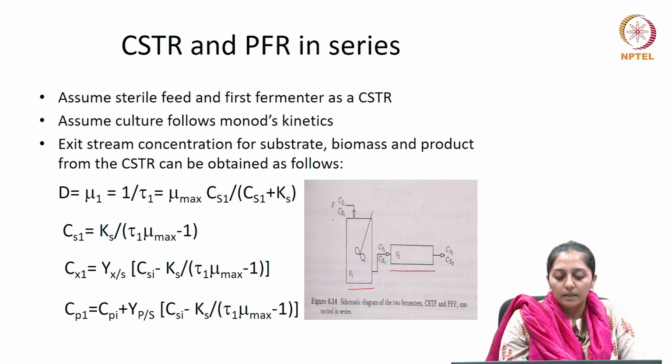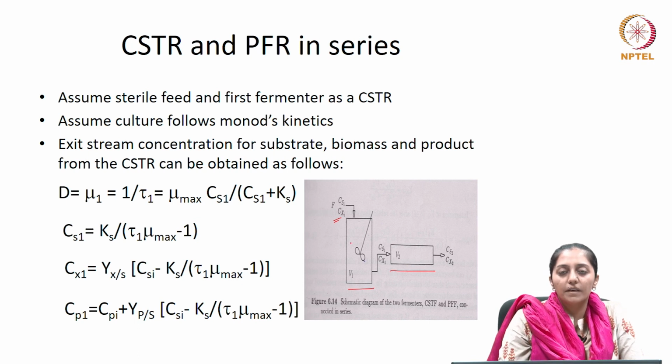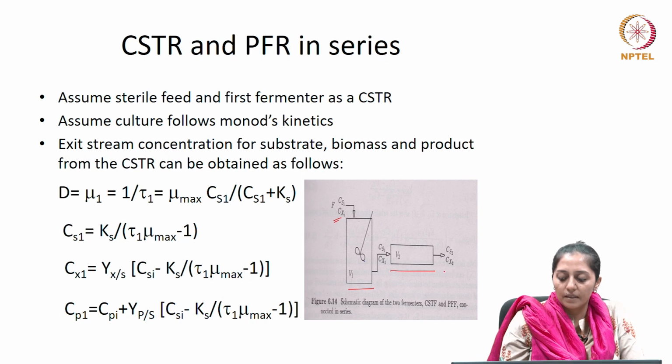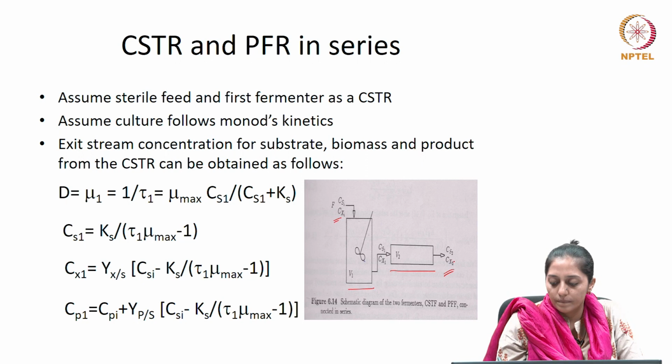The incoming stream, we are assuming, is a sterile feed, and the variables for the first reactor will be represented by the subscript 1, and for the second reactor by subscript 2.